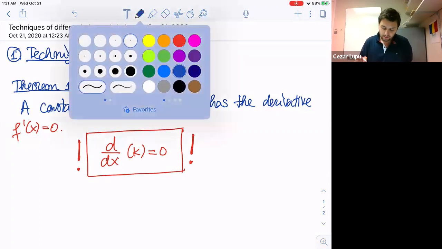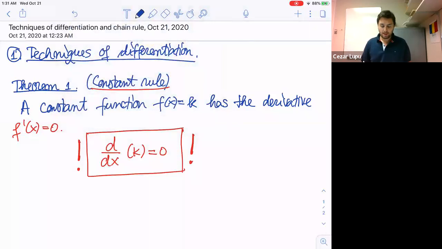As you can see, this is quite easy. The second one, theorem 2, will be the power rule.